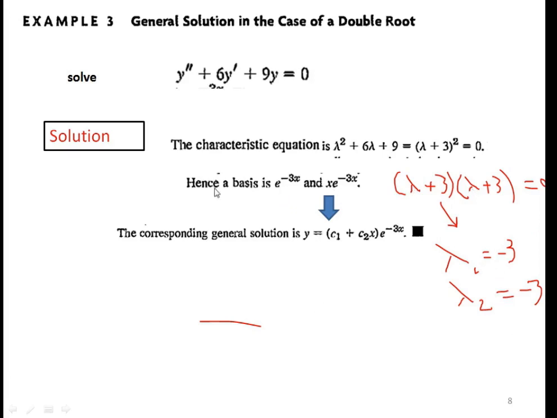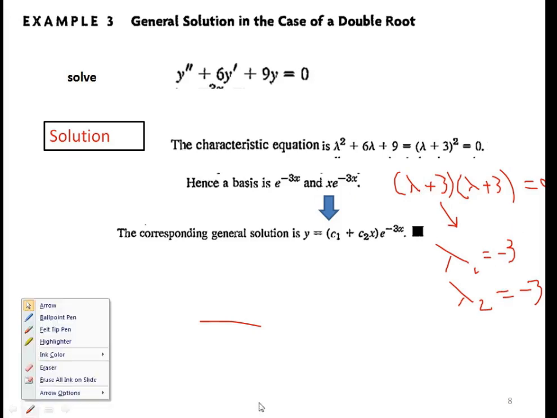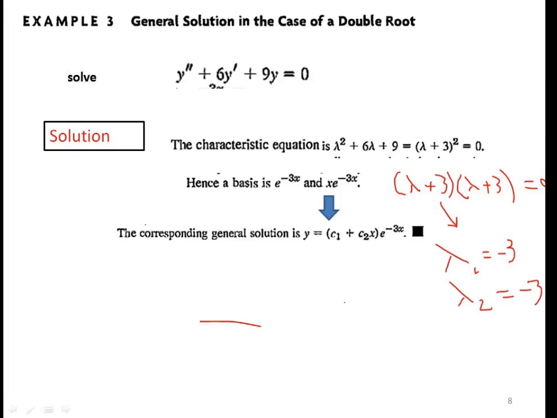So y1 is equal to e^(minus 3x), and this is equal to y2 before multiplication, and due to that I must multiply by x.